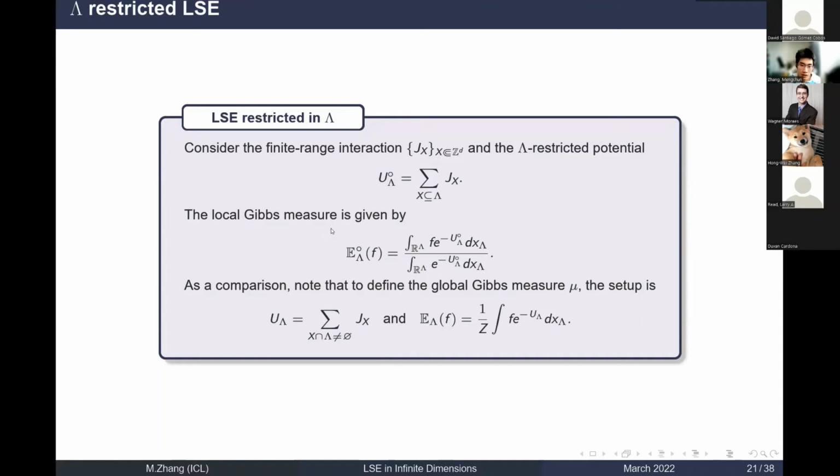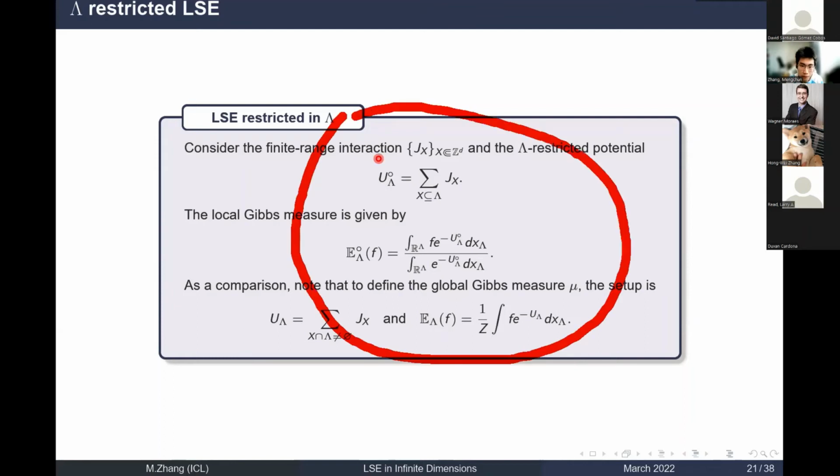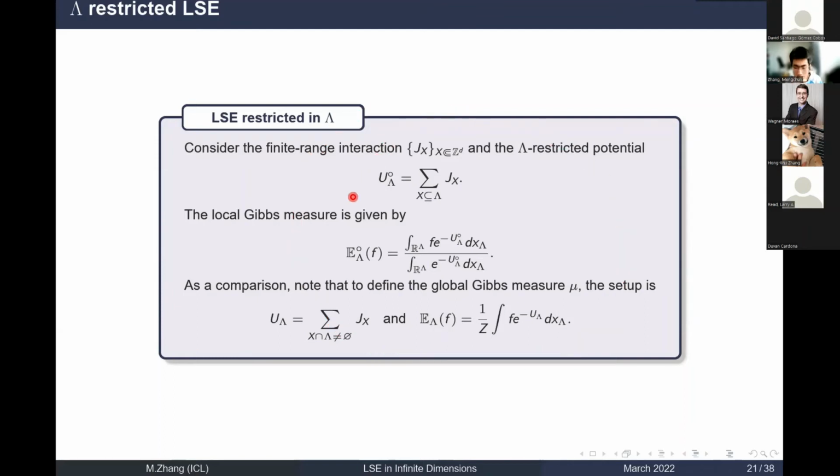In this case, the local distribution is simply given by this form, similar as before. I put these two here just to compare and see how things are different. Now our focus will be on this setup because it is simple and corresponds to the normal setup in R^n. Normally in R^n we won't have any boundary condition outside, right? That's the reason why we are more interested in this setup rather than this one.